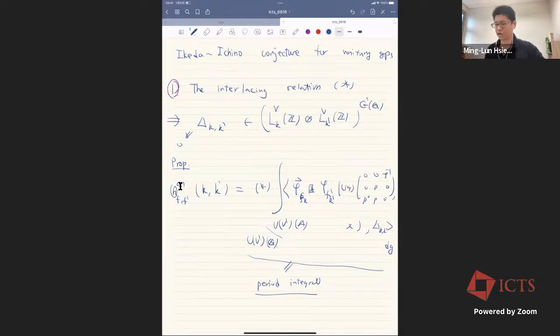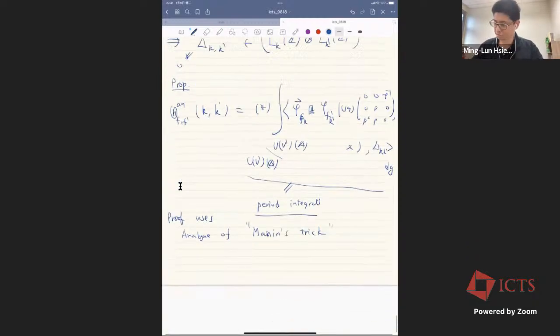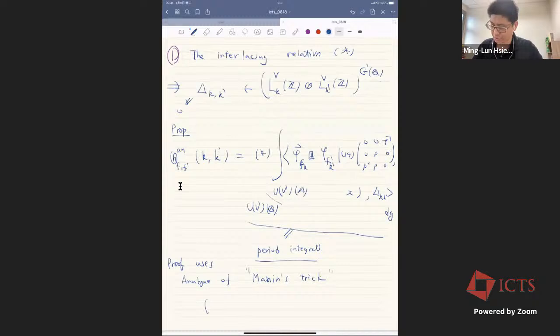And the proof of this proposition is an analog of the proof of Ming-Lun Hsieh in this definite setting. For this, a reference is given by Kitagawa, a 94 paper, so you can check. It's Lemma 4.6.